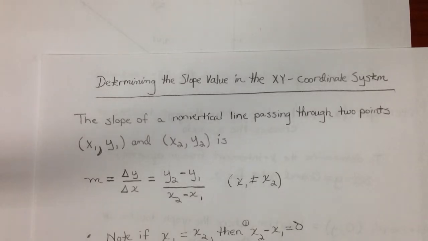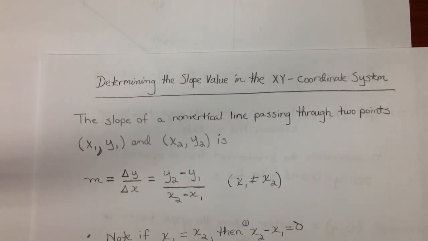And keep in mind that all ordered pairs are of the form (x, y), so again, x1 and x2 cannot be equal to each other, and so we have the slope of a non-vertical line.